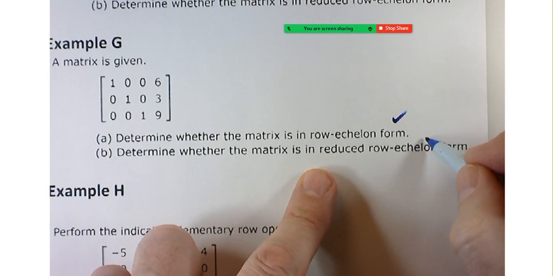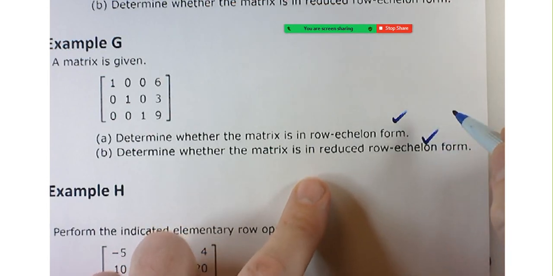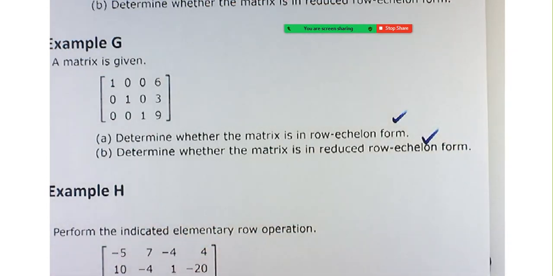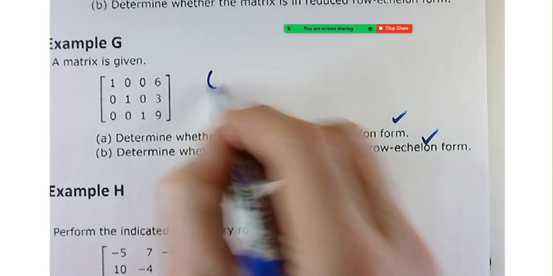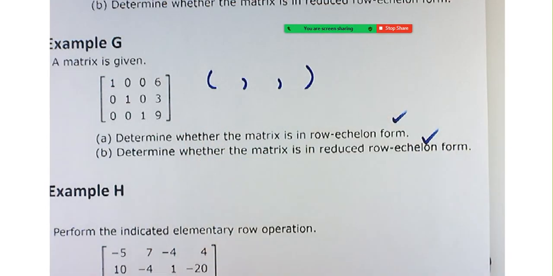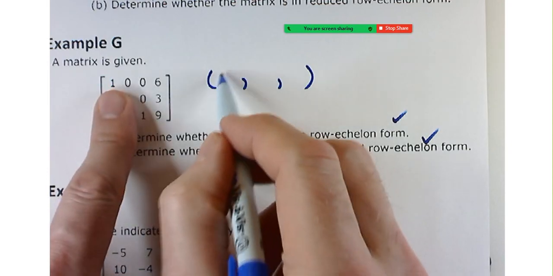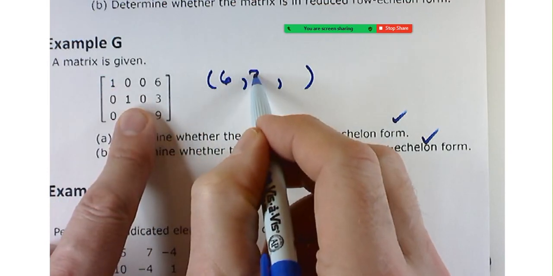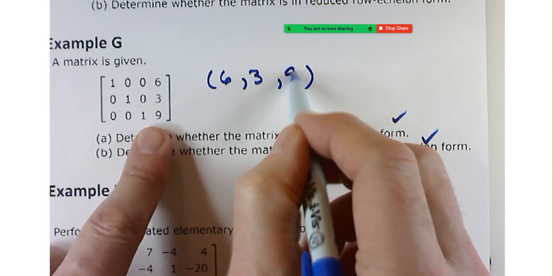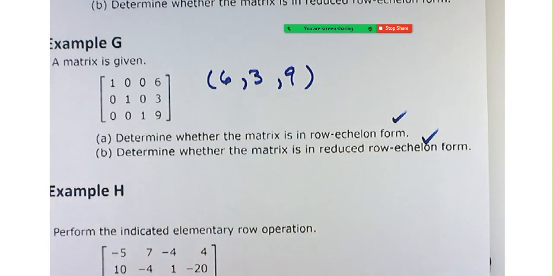And the answer to the second question is also yes. It's both. In fact, what's the solution to this system of equations? Can anyone read that off to me? What's x equal? X equals 6, y equals 3, z equals 9. Beautiful. So if you get it in reduced row echelon form, that's great.